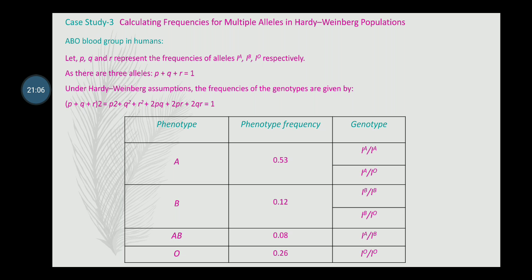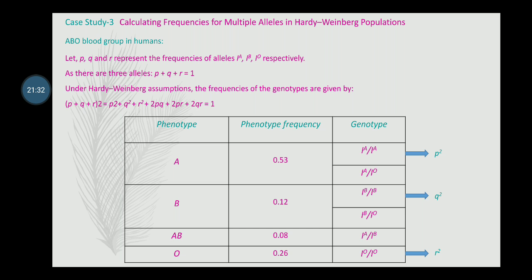Therefore, if A is equal to P, B is equal to Q, and IO is equal to R, then P square is IA-IA, Q square is the IB-IB genotype, and R square is the IO-IO genotype.